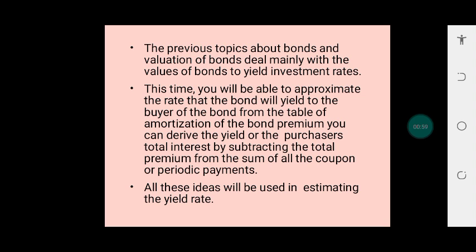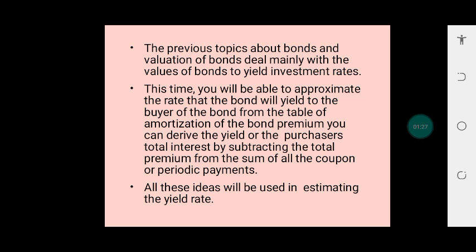These are the meaning of approximation of bond yield. The previous topic about bonds was evaluating bonds, dealing mainly with the values of bond yield and investment rate. This time you will be able to approximate the rate that the bond will yield to the buyer of the bond from the table of amortization of a bond premium.